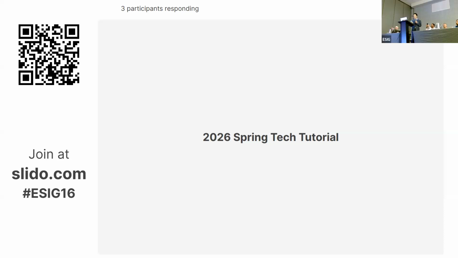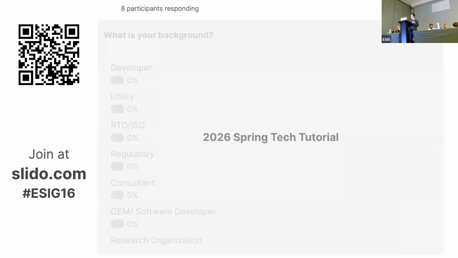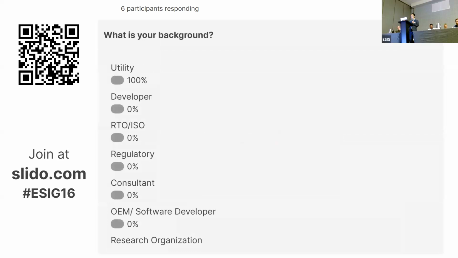Let me see if I can scan the code as well to make sure the code is running. It's running, good? Yeah. Stay here a little bit. So the first question is, what is your background? But it doesn't load up here.